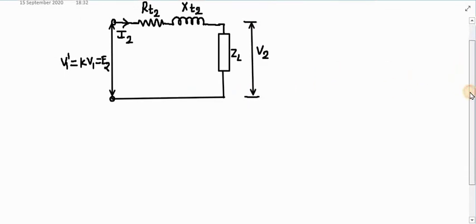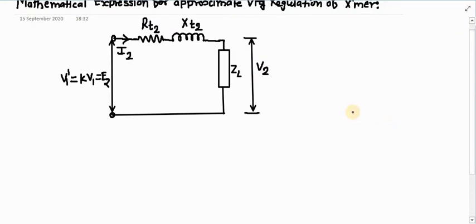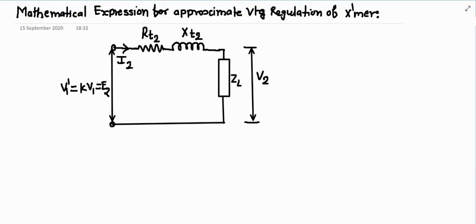Let us now draw the phasor diagram for lagging power factor. What will be my reference vector? V2. From this diagram only I will draw the phasor diagram. So I will take V2 as a reference vector. I2 lags V2 by some angle phi.